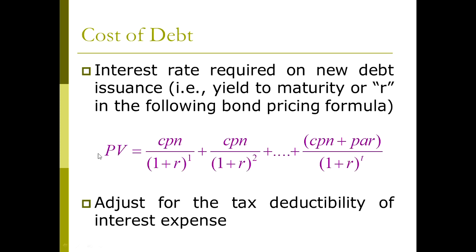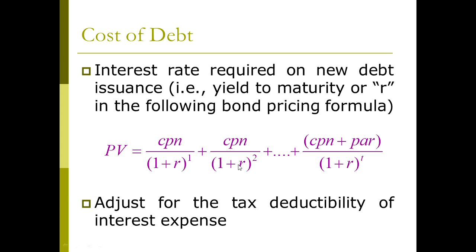Remember, in our previous chapters, we calculated the cost of debt or the price of the debt. The price of the debt is going to be the present value of all coupon payments plus the final face value or the par value payback. Look at the discount rate in this formula, the R here.